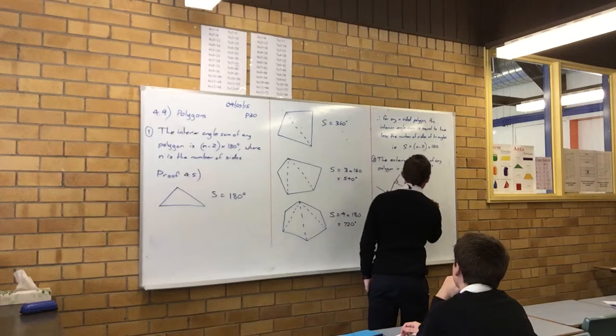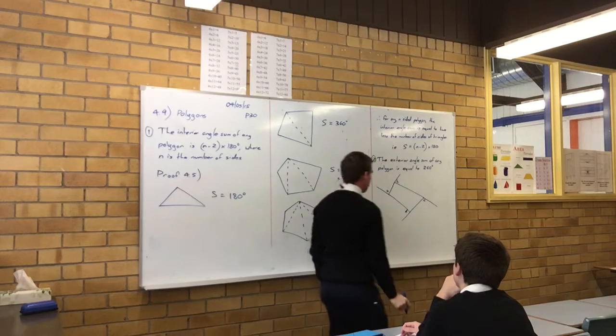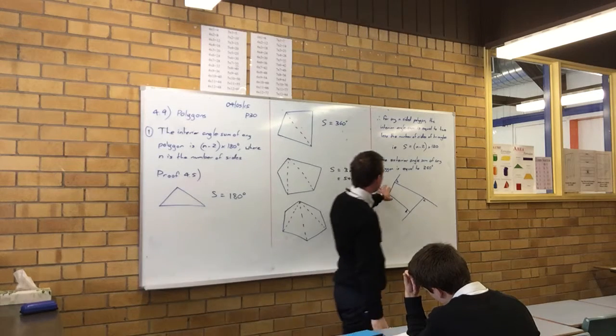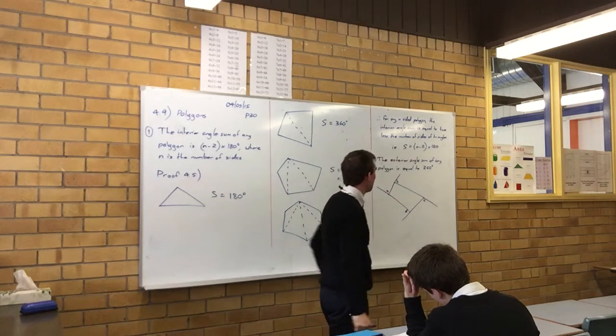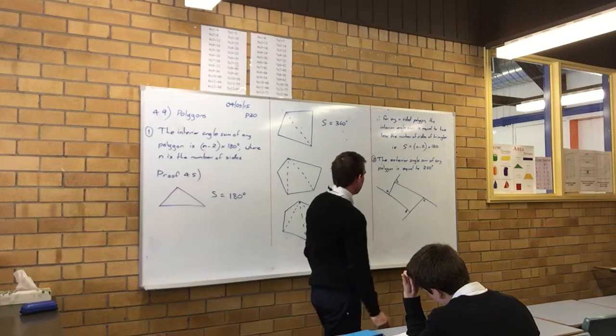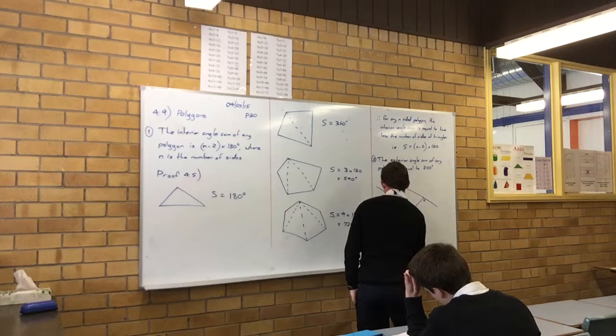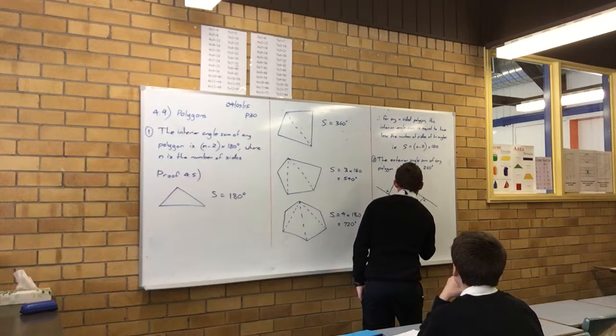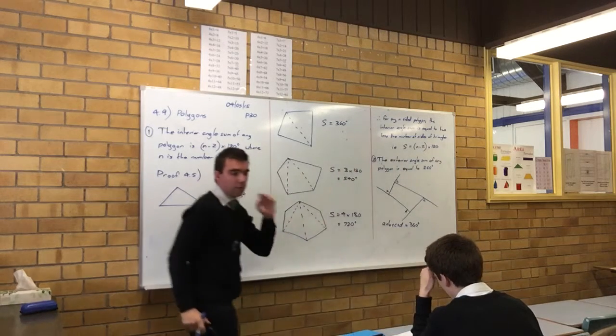The exterior angles, the angles outside of the polygon, A, B, C and D. From that result, A plus B plus C plus D is going to be 360 degrees. That works for any polygon.